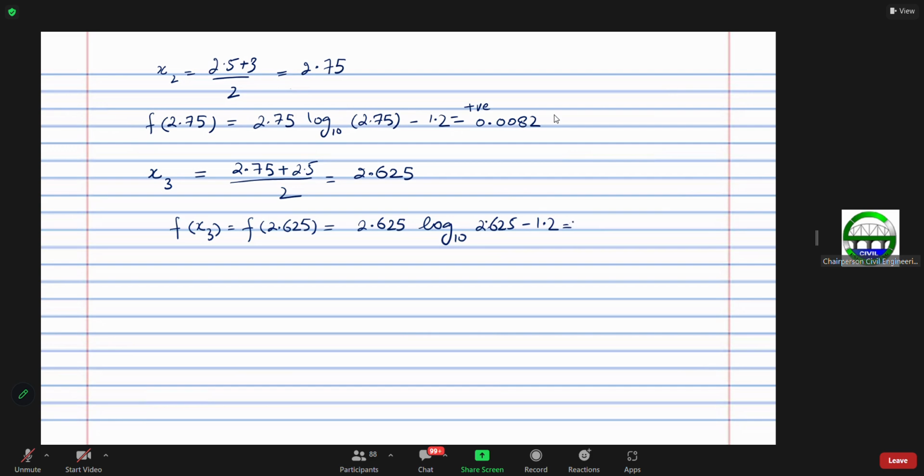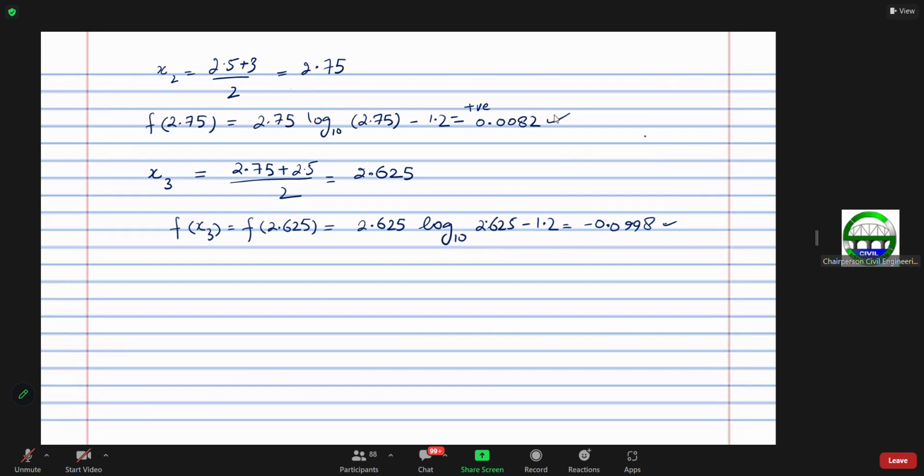Can anyone tell me the value? Minus 0.0998. So this is negative and this is positive.